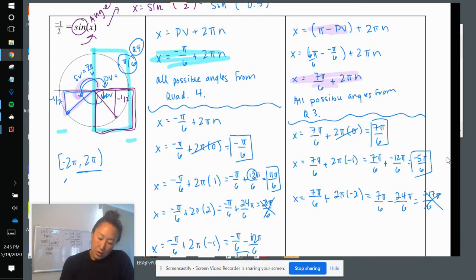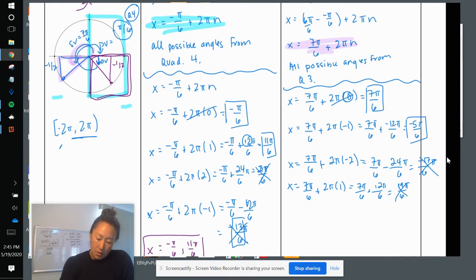All right, so I tried 0, that works, so I gotta try 1. So x is equal to 7 pi over 6 plus 2 pi times 1, giving me 7 pi over 6 plus 12 pi over 6, which gives me 19 pi over 6. So is 19 divided by 6 less than 2?